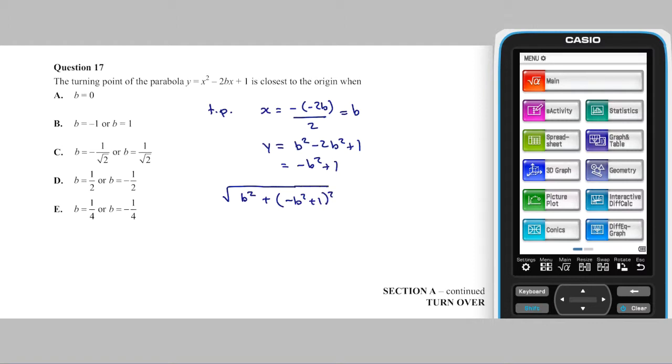And this expression can be minimized to find the closest point to the origin using the fmin command on our ClassPad.